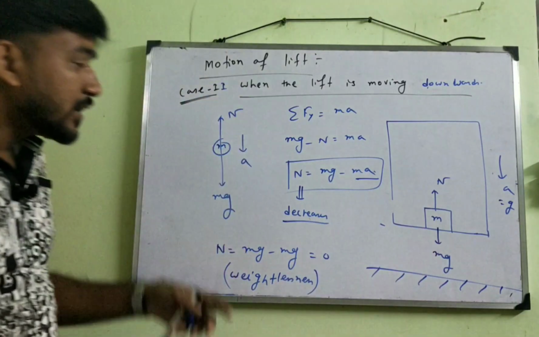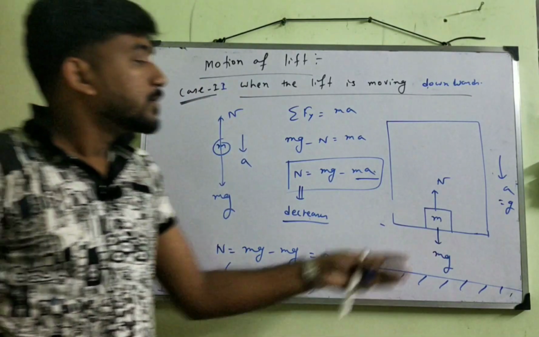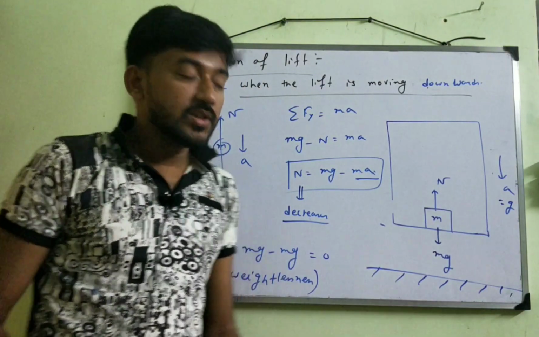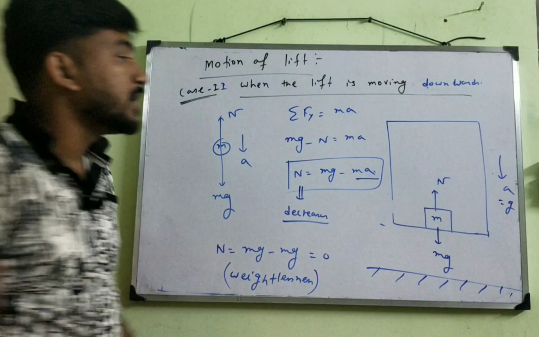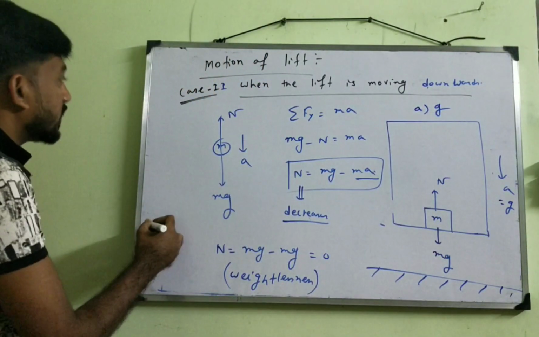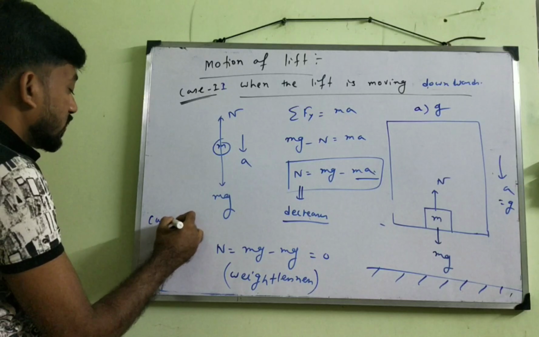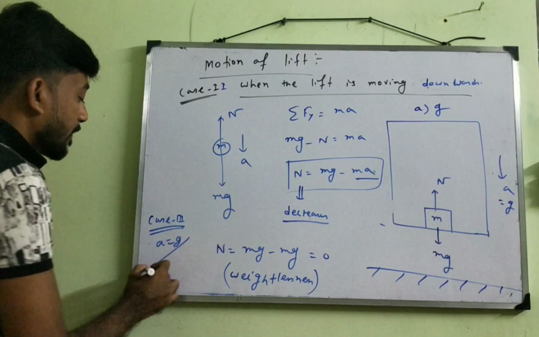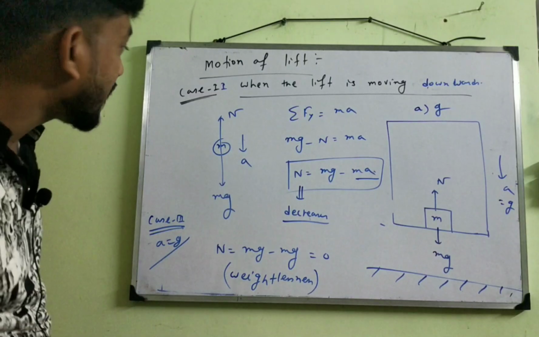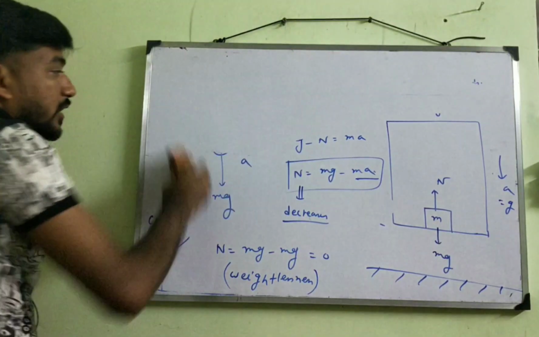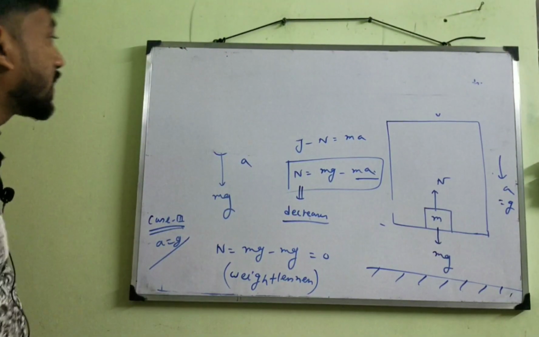But if the lift is falling with an acceleration more than g, that is a greater than g, then, if this is case 3 when a equals g, what about a greater than g?